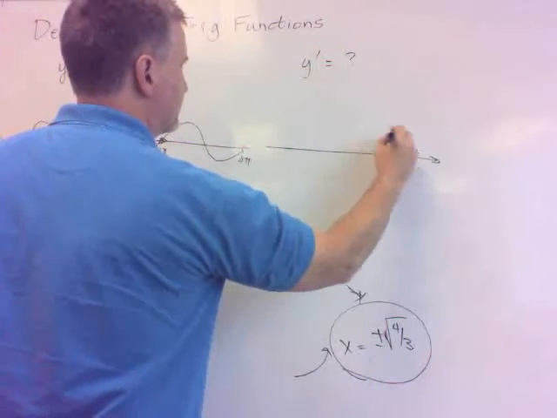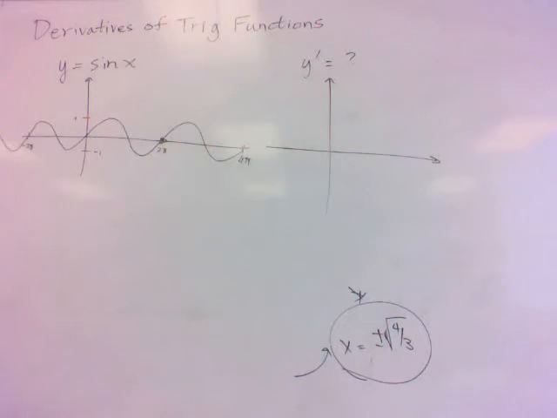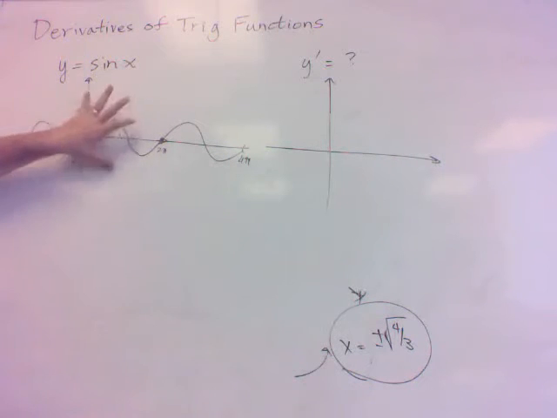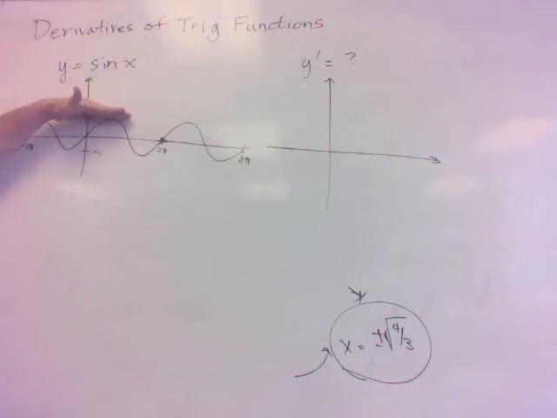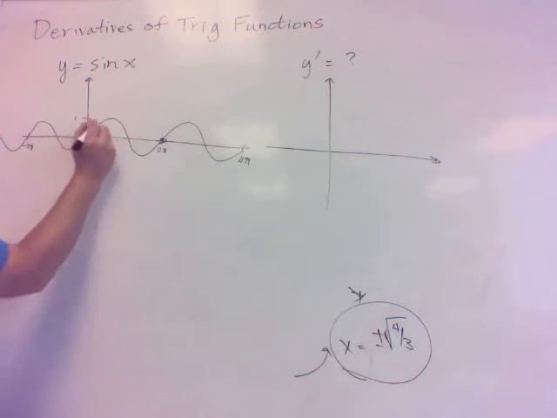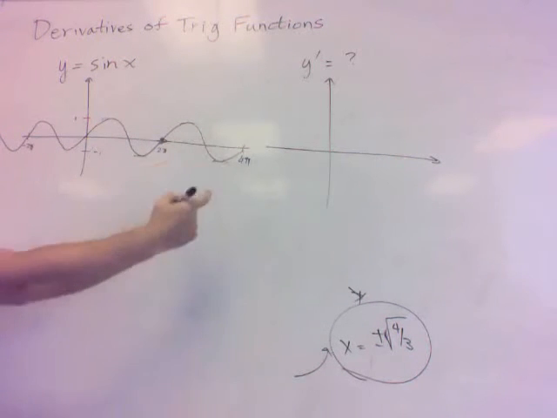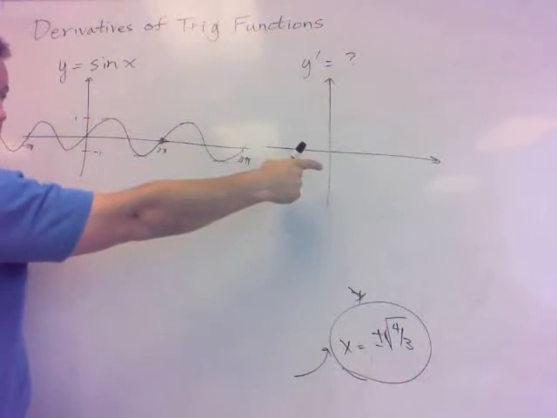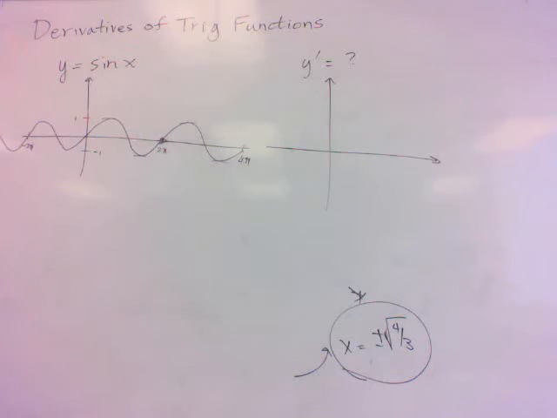Graph the derivative function for the sine of x here. So if I was just going to graph the derivative off of this, remember where we started? We started with those horizontal tangents, didn't we? We've got a horizontal tangent here, here, here, or here, which winds up being zeros right on the x-axis for the derivative graph.